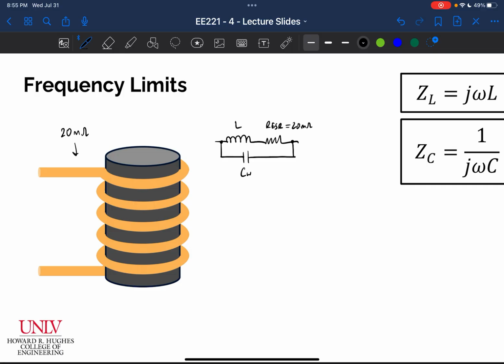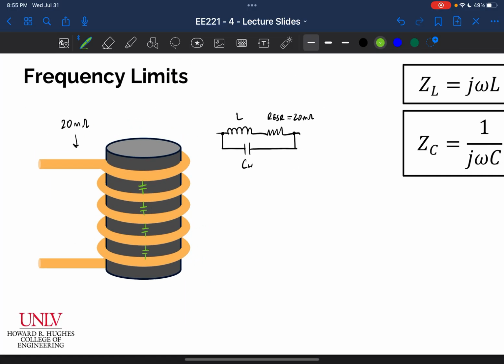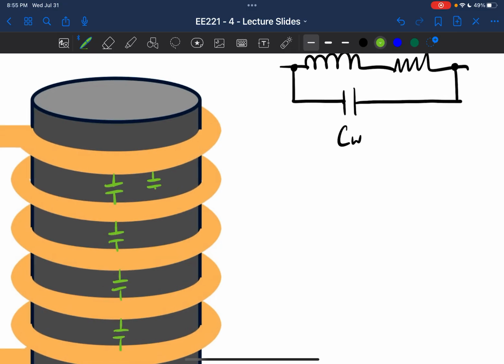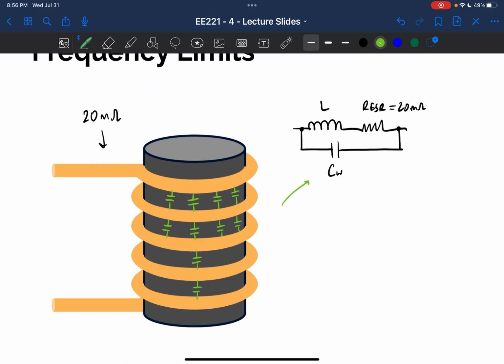And so if we look at this, every single one of these turns is a conductor separated by some air, which is an insulator. And so if we distribute this for all the turns, there is parasitic capacitance between each winding and the next winding in the coil. So there's some lumped capacitance, CW, that we would have to model if we wanted to take this into account.